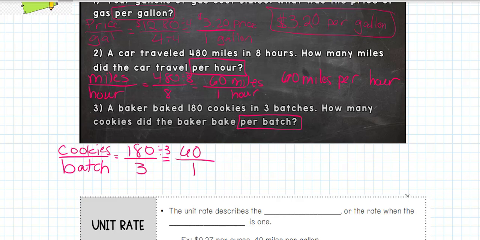We'll end with words. We're going to select cookies, batch. And from here, I can create my statement that there are 60 cookies per batch.